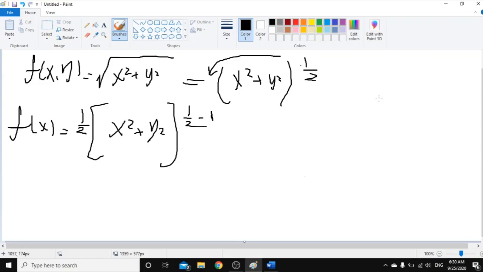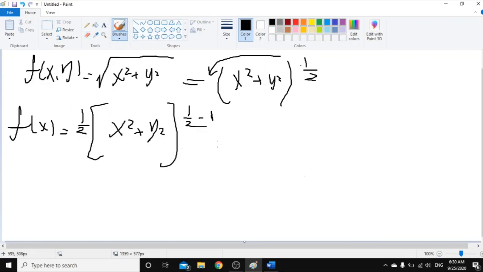It's the same as if you say n to the 2, we write 2 times n to the 2 minus 1. This one is the same. Don't make it too complicated. Okay, let's continue.